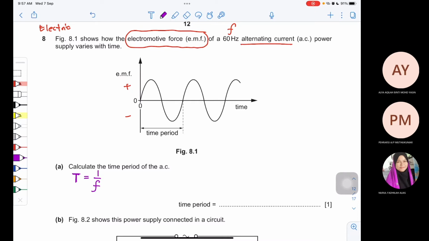So we want the T. Kita nak tahu this T lah. So do you know the frequency? It's given 60 Hz. Okay, jadi 1/60 is kan calculator. So that's 0.017 second.